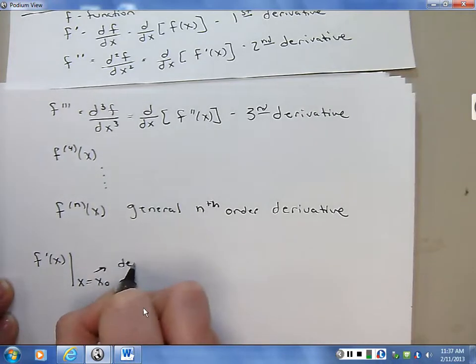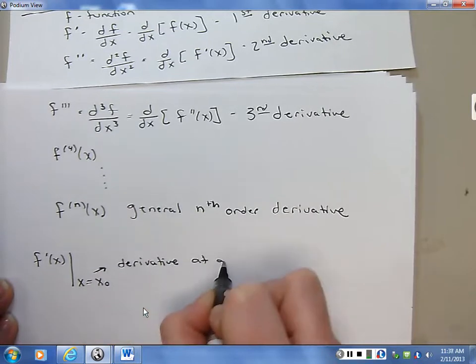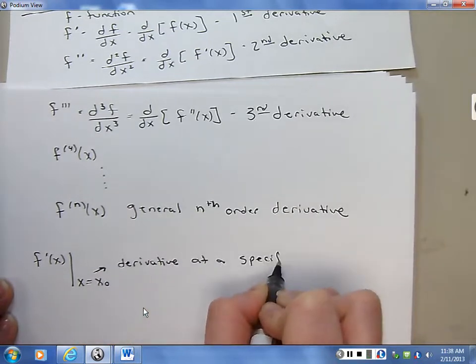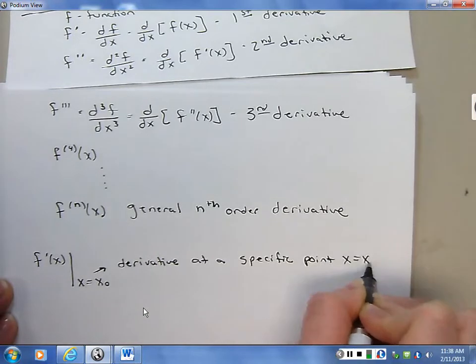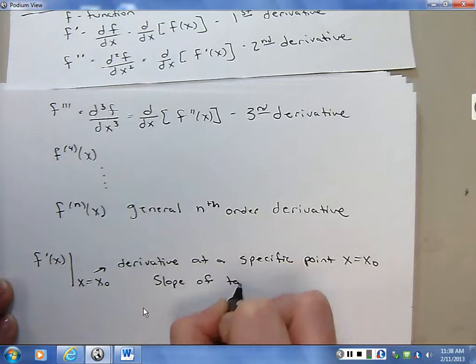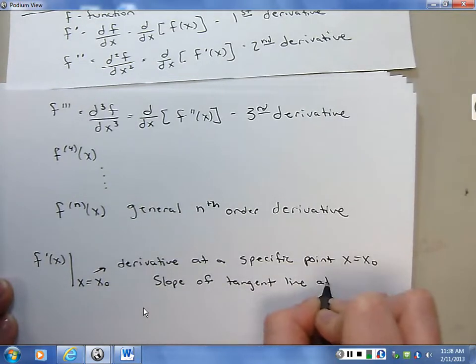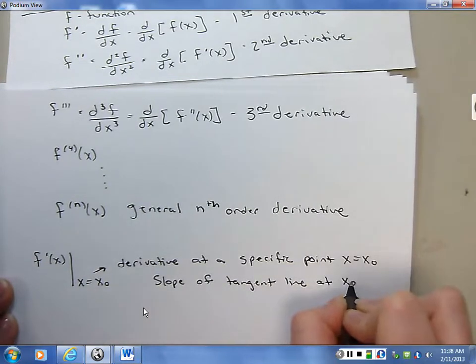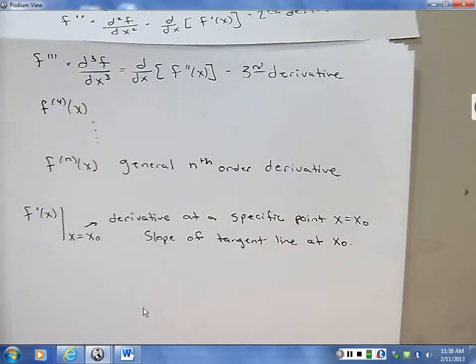This is the derivative at a specific point, x equals x naught. This is going to give you the slope of the tangent line at x naught. Does that make sense? This is just some notation.